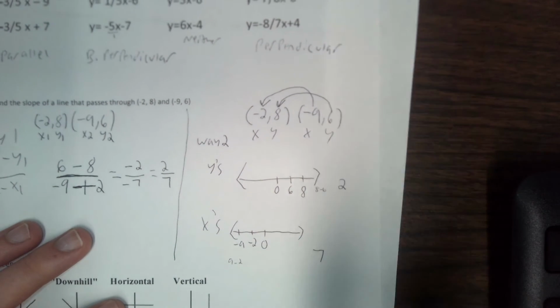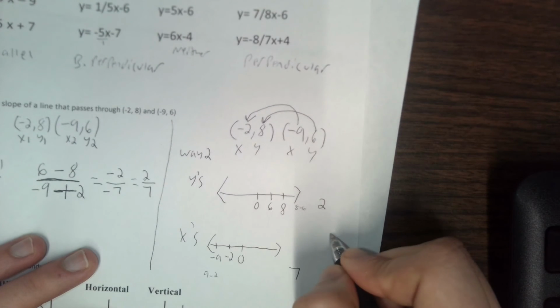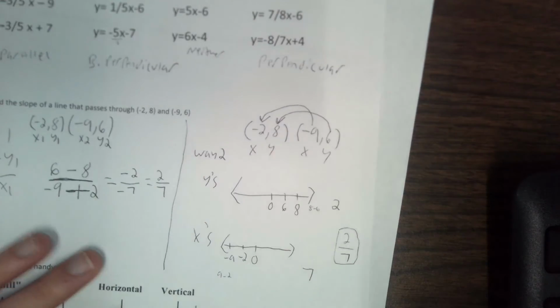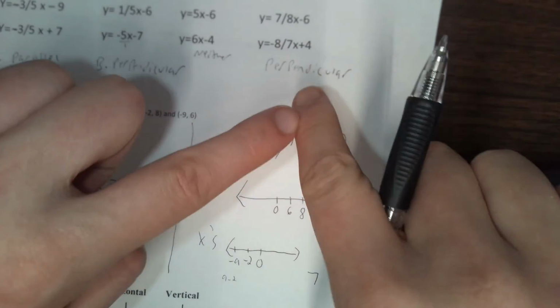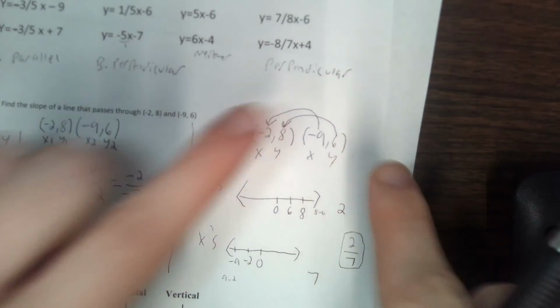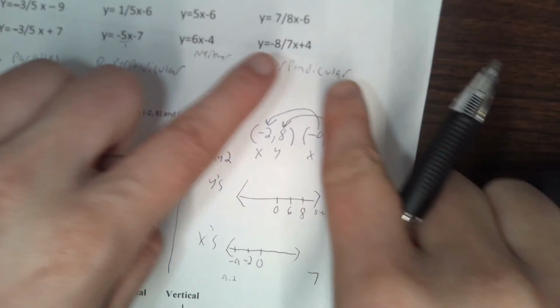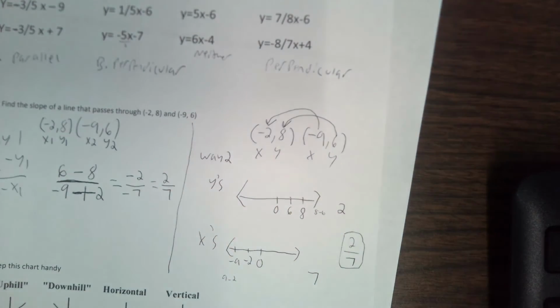If both arrows go the same way, our answer is positive. If the arrows went towards each other, then it's negative. So same direction, either both left or both right, is positive. Different directions would be a negative slope.